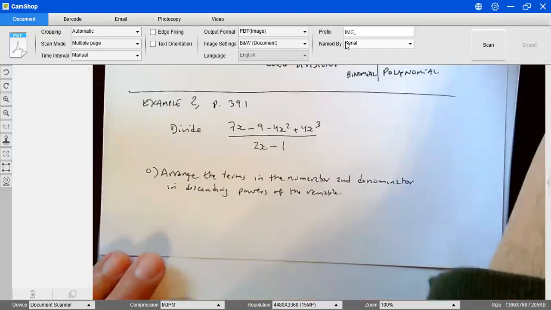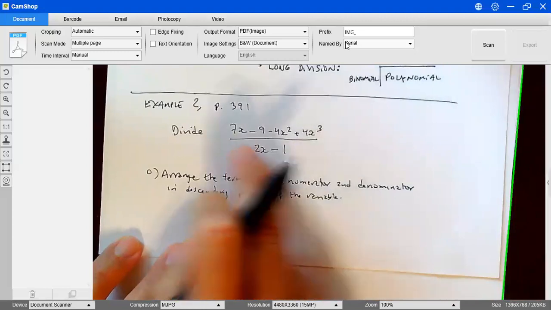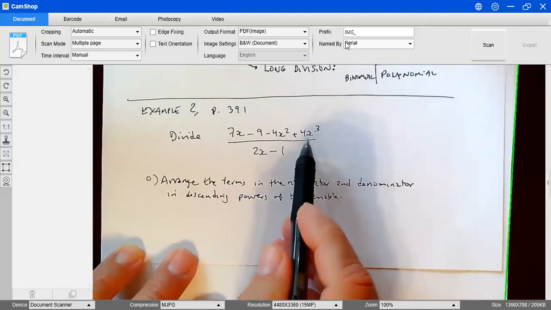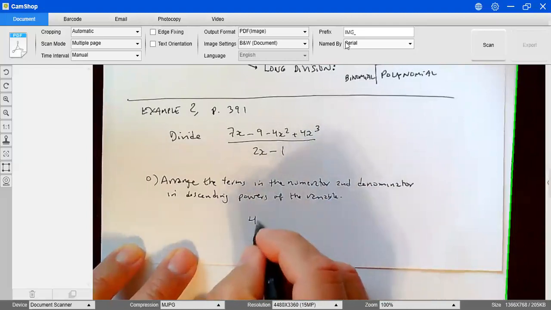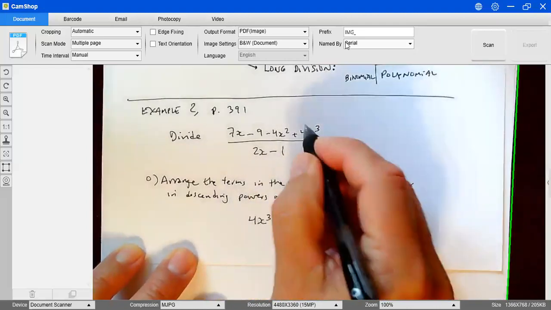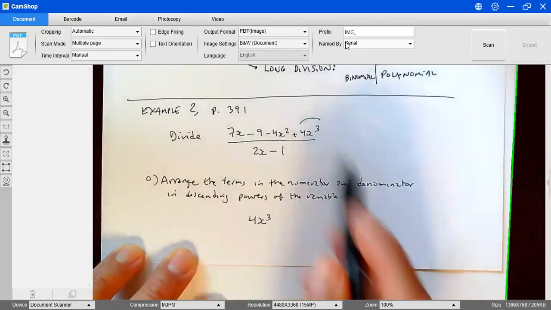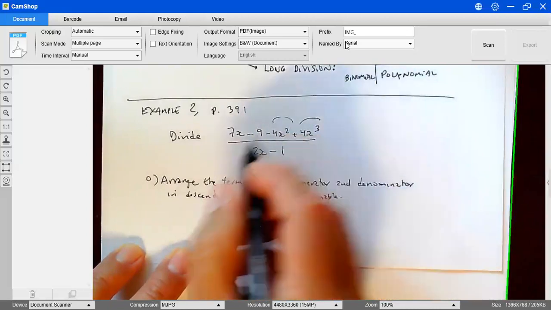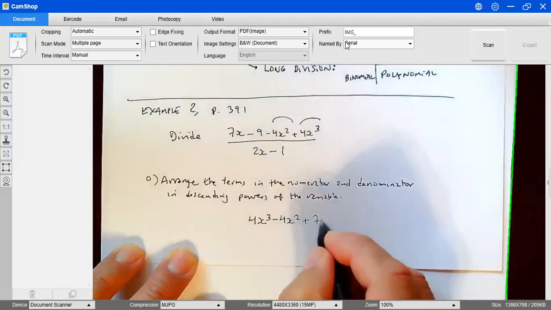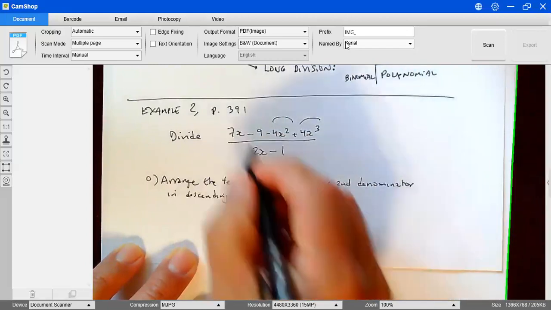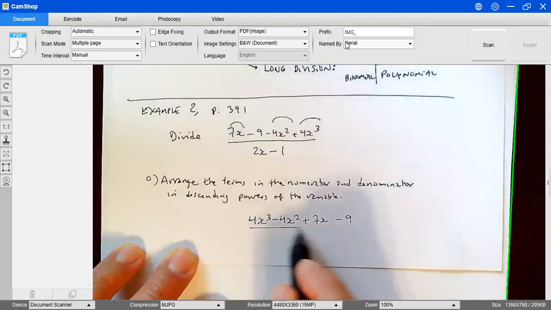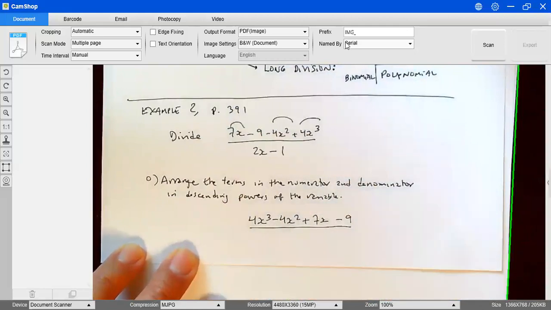In this case, we're going to start with the term with the highest power, so we need to write first 4x cubed. Then we look for the next one, which is negative 4x squared. Then the next one is 7x, and finally negative 9. So now I have the polynomial, which is of degree 3 because that's the highest power.